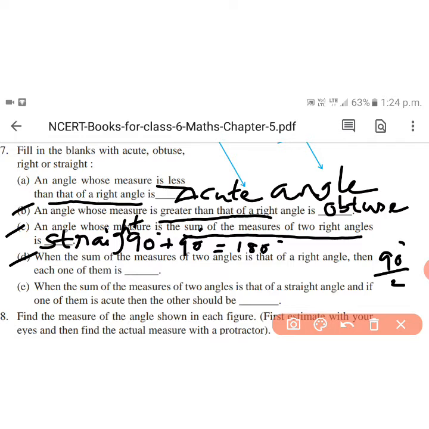So each one of them is 45 degree. 45 plus 45 equals 90 degree. E part. When the sum of the measures of two angles is that of a straight angle, and if one of them is acute, then the other should be obtuse angle.